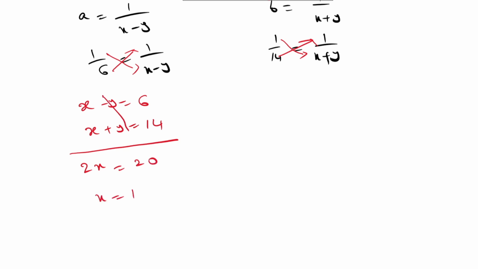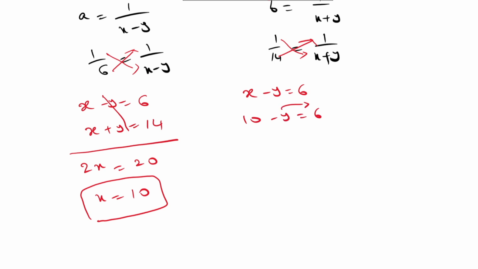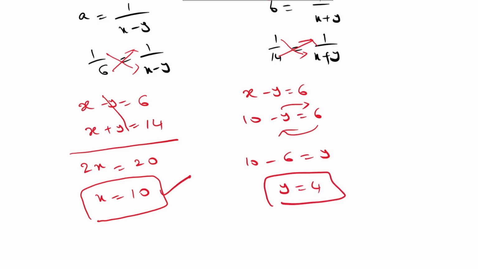So x equals 20 by 2, that is 10. Substituting this in the first equation, x minus y equals 6. x is 10, 10 minus y equals 6. Taking y to the right side and 6 to the left side, 10 minus 6 is equal to y. Then the y value is 4. It means the speed of the boat is 10 km per hour and the speed of the water is 4 km per hour.